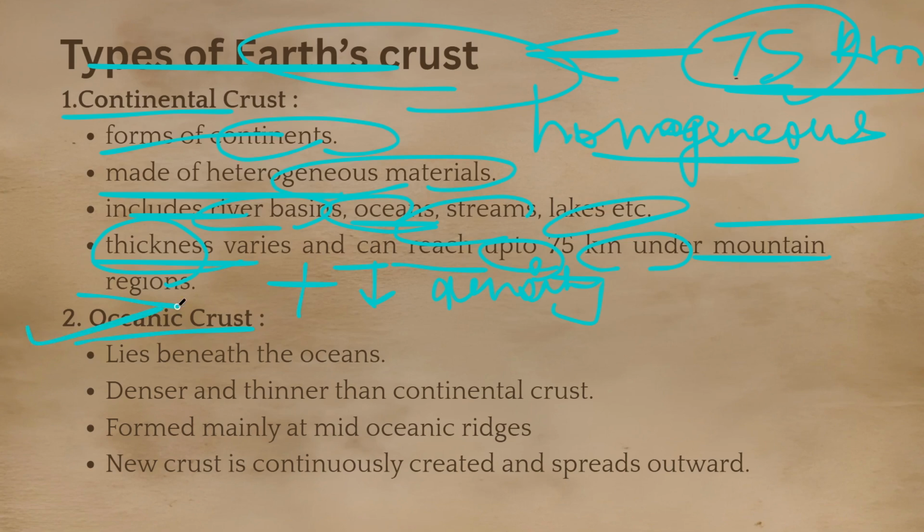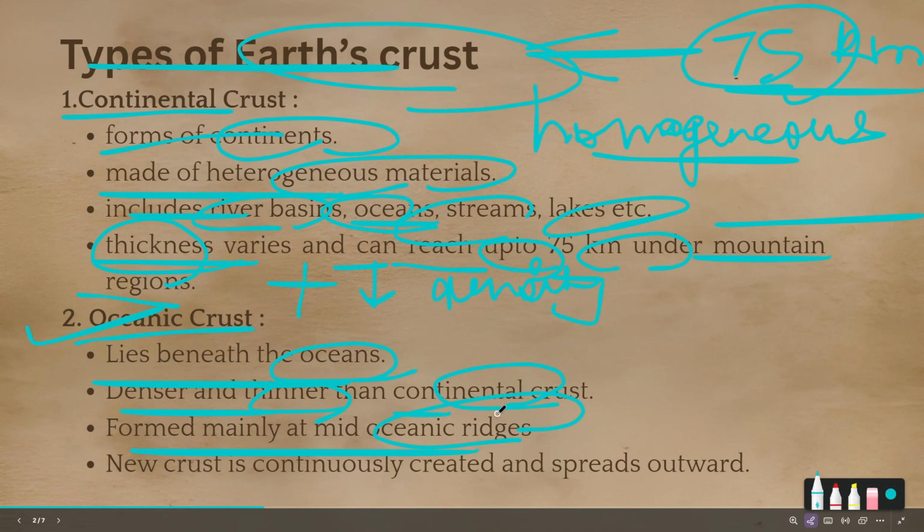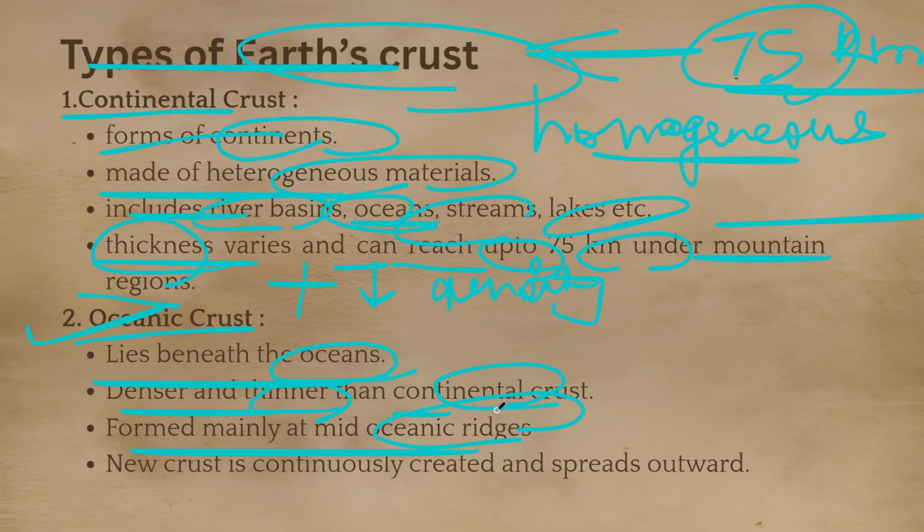Oceanic crust lies beneath the oceans, as the name suggests. It is denser and thinner than the continental crust, formed mainly at mid-oceanic ridges. It is thin but heavy and dense.